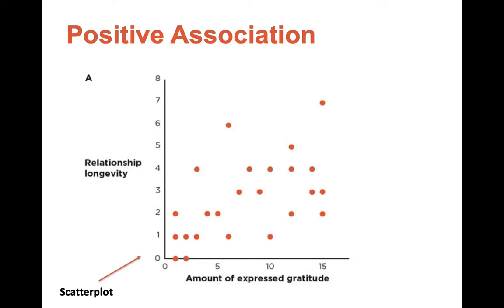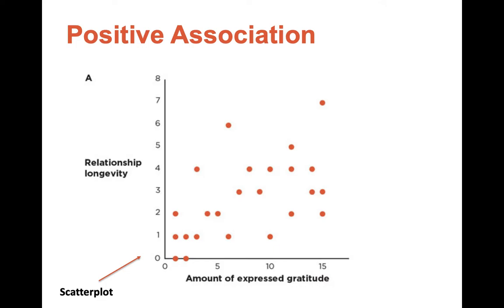Here's what a positive association looks like. This might be familiar from your statistics class. When we have a positive association, also known as a positive correlation, high scores on one variable are associated with high scores on the other variable, or low scores on one variable are associated with low scores on the other.